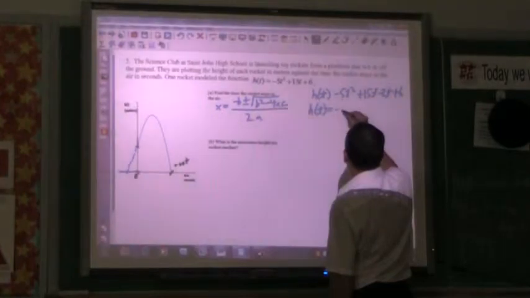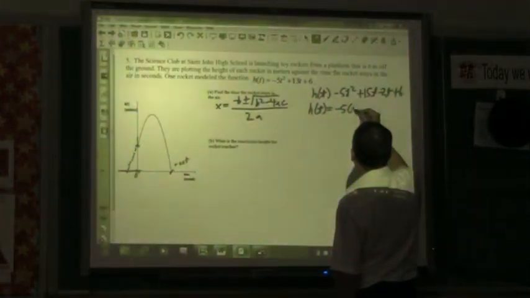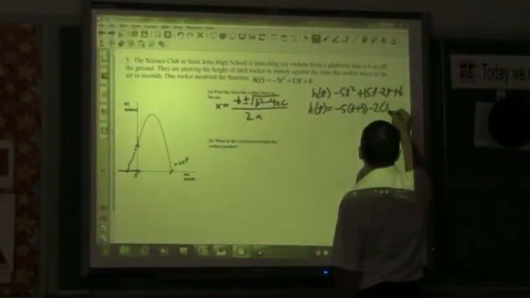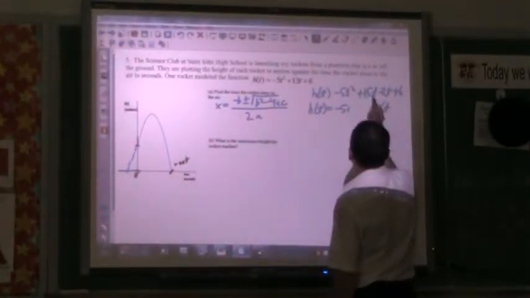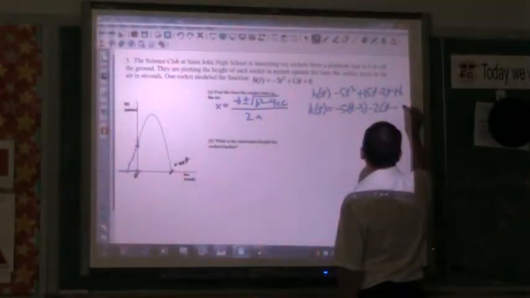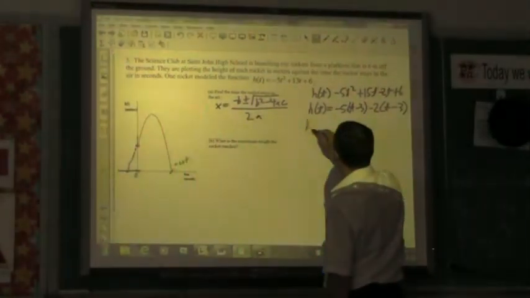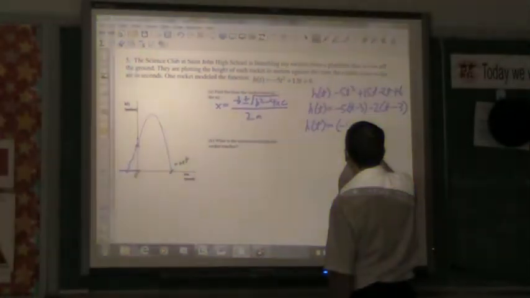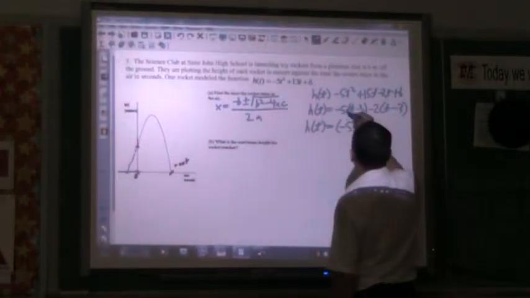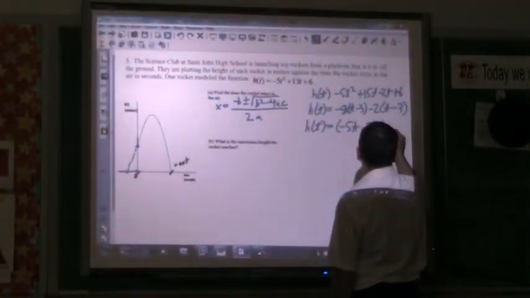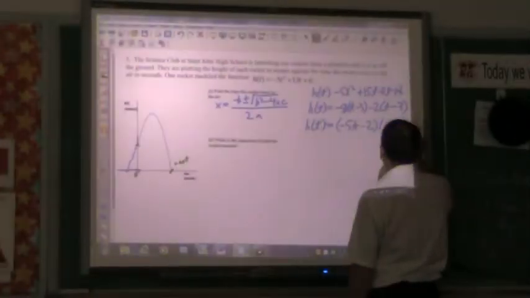Negative 5 can be taken out of the first part, and I'll have t plus 3. I can take a negative 2 out of this, and I'll have t minus 3. And you get that it factors to negative 5t minus 2, times t minus 3.